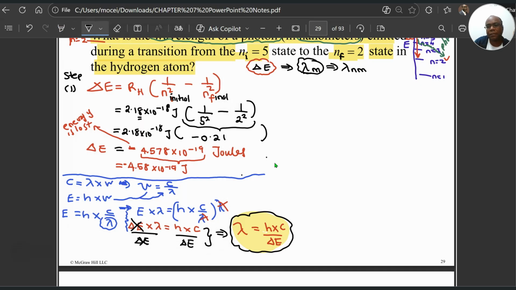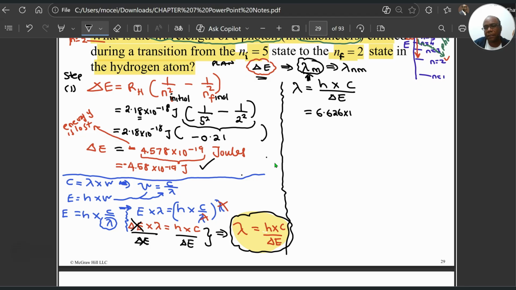So let's do that. We are on this step in our plan. We initially calculated delta E, done. Now we need to find wavelength, and it's going to be in meters. So we'll write our formula: wavelength equals Planck's constant times speed of light divided by delta E. We know Planck's constant to be 6.626 times 10 to the power negative 34 joule seconds.